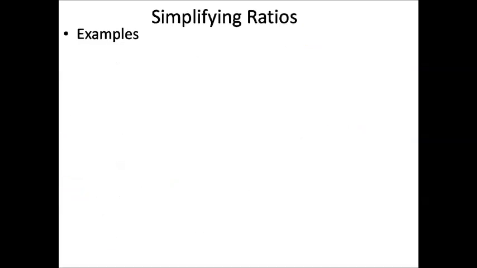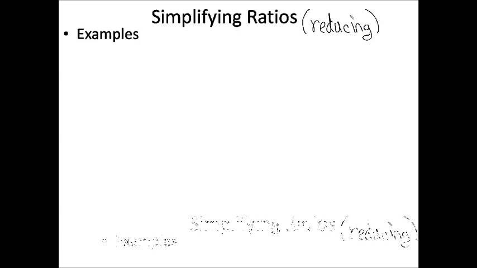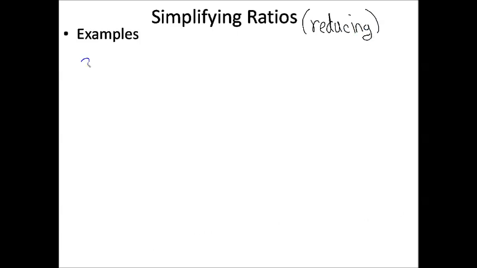You guys have done this. This is also known as reducing the fraction, which you have done a lot of, I'm sure, in your time. 3 over 9, both 3 and 9 divide by 3. And so you get 1/3.